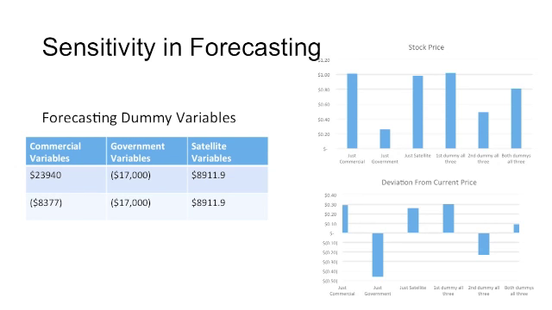And then the government variables, there were 3 or 4 negative variables based on other things, losing different programs that they had thought they were going to own, as well as some tax breaks that they ended up not benefiting from. So I took the average of those 3 or 4 dummy variables and came out with 17,000. And then satellite had 1 positive dummy variable, and that was 8,900. So that's where the dummy variables came from.